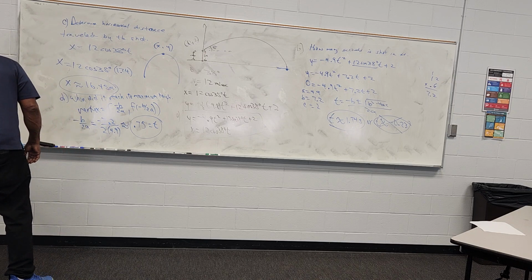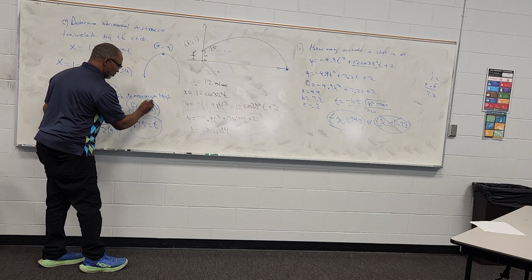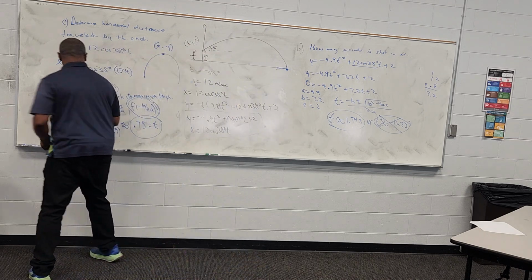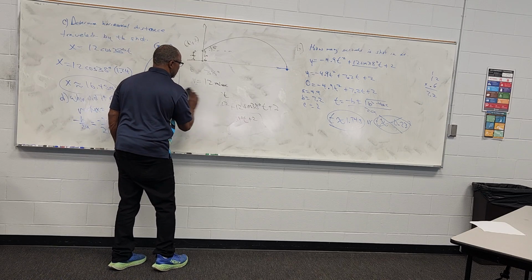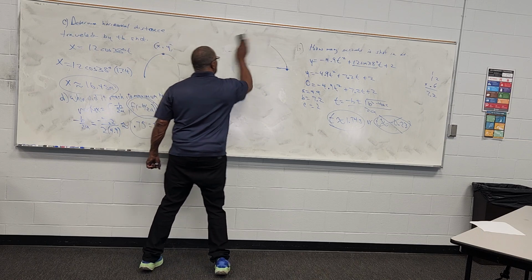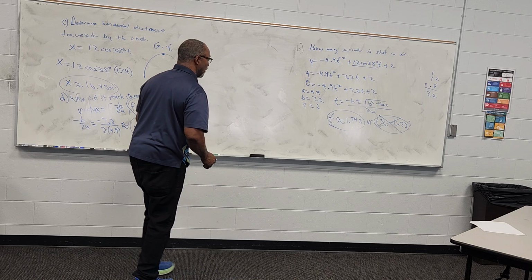And the last question is, what was the maximum height? Well, I'm going to have to take my y coordinate, because again, the y coordinate gives me the height. The x coordinate gives me the horizontal distance. We know that the thing was at its maximum height after 0.75 seconds.